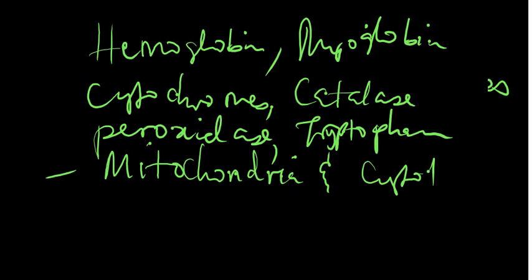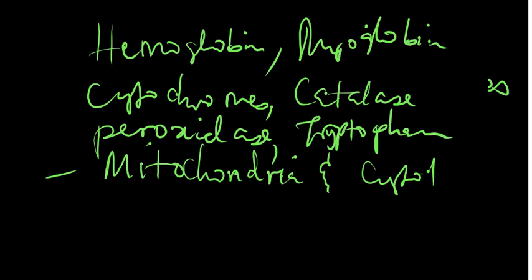Synthesis is most active in the bone marrow, knowing that it is in the bone marrow where red blood cells are formed, for incorporation into hemoglobin as well as the cytochromes respectively.